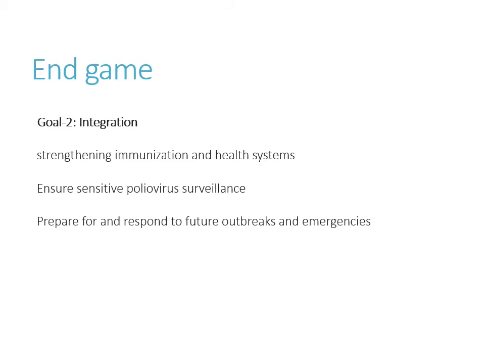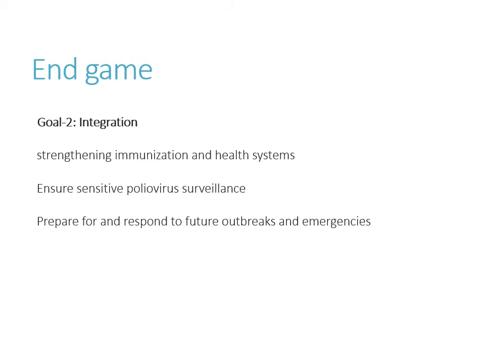The second goal is integration, that is, we have to strengthen immunization. All the immunization programs, whether it is pulse polio immunization or the national immunization schedule, all those schemes we have to strengthen, and the health system. Then ensure sensitive poliovirus surveillance. This is a very important factor, that we should have a good surveillance system which can detect in which area this virus is being detected, whether it is wild strain or vaccine strain.